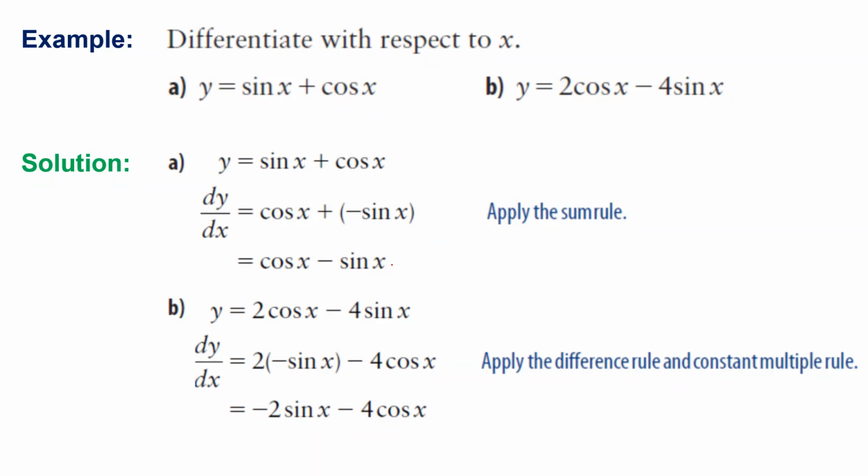Any questions? Then for the second question, we can apply the difference rule and constant multiple rules. The derivative of this composite function equals negative 2 sine x minus 4 cosine x. Okay, any questions?